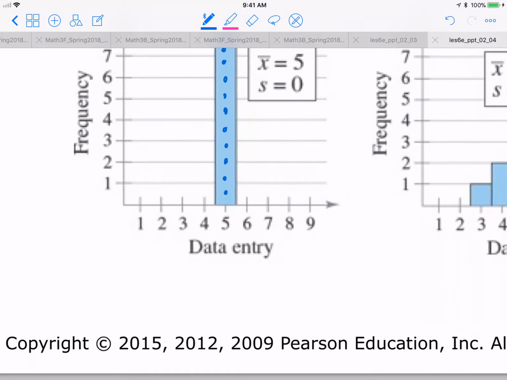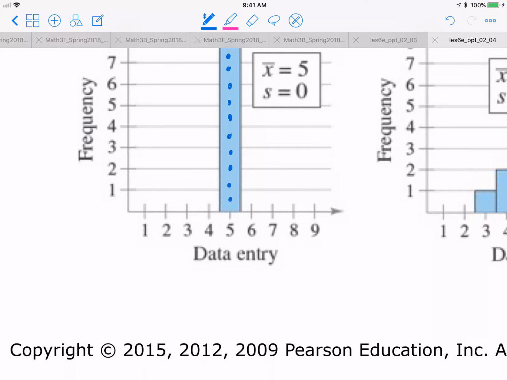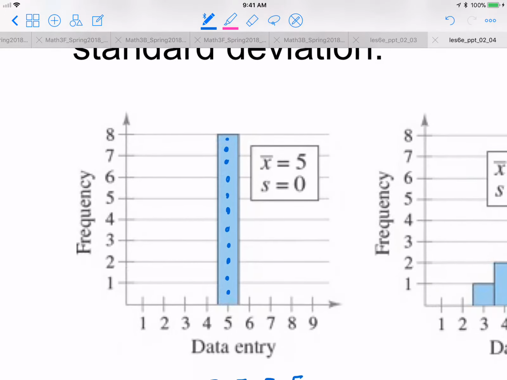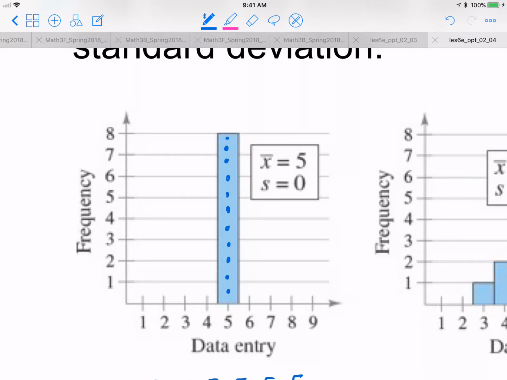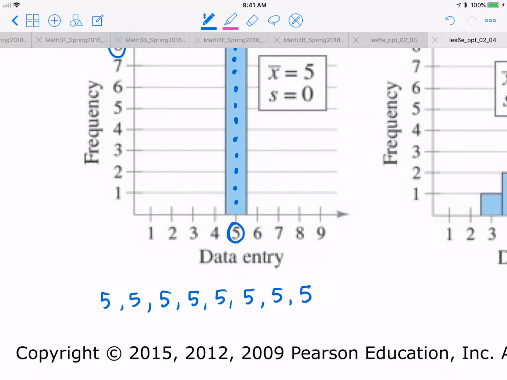How do I know that? Because this value, data entry, had a frequency of 8. So if the data set consists of only integers or whole numbers, then this is our data set.